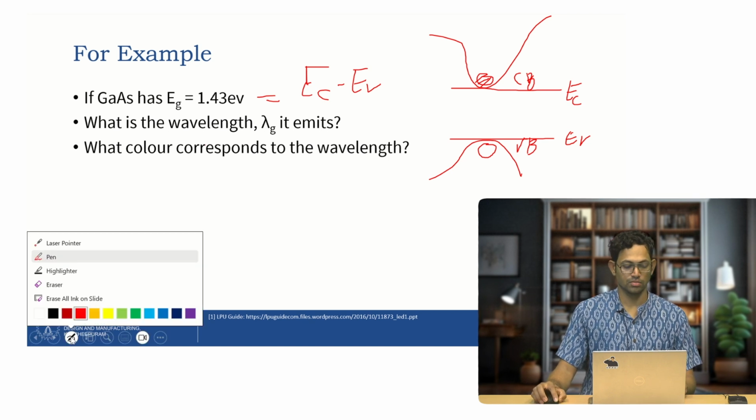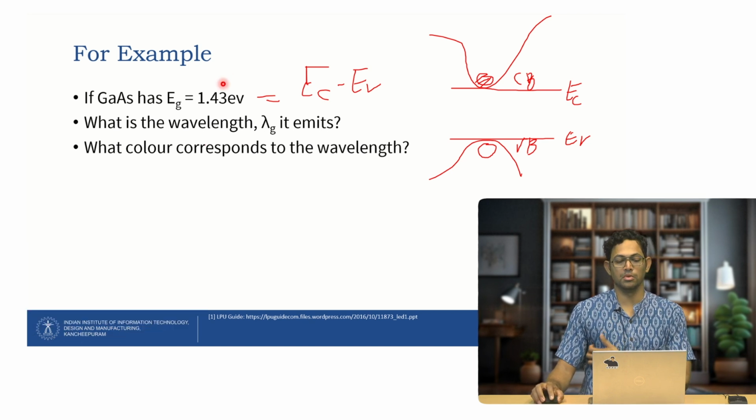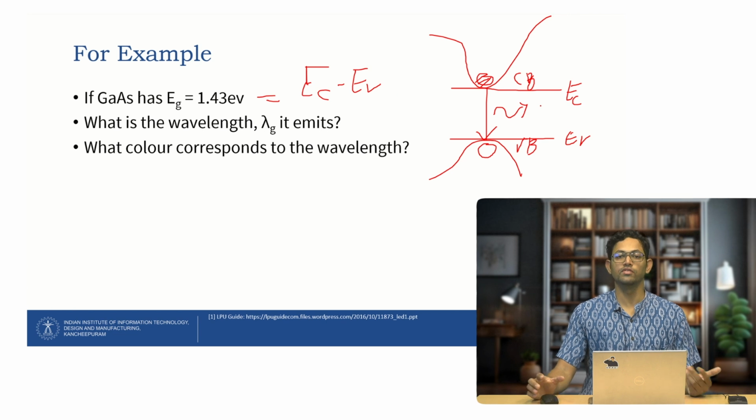So we try to understand: if the difference between the energy of the conduction band and the valence band is equal to 1.43 eV, what light is going to be emitted? If the electron moves from the top to the bottom and emits one photon, what is the wavelength of the light?